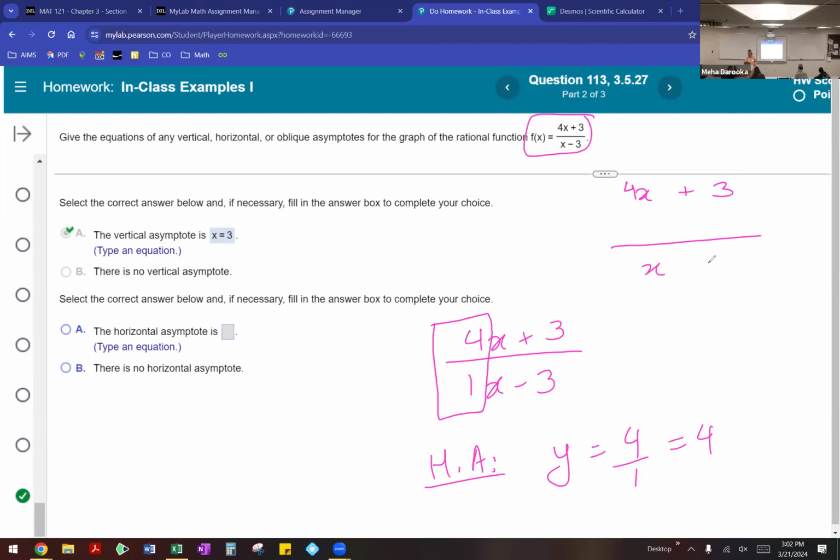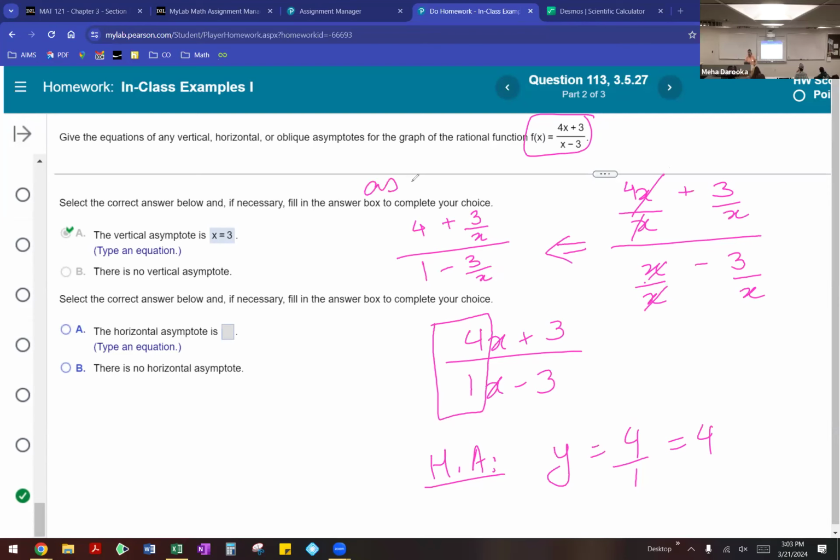we would take each one of our terms and divide it by the highest degree of x, which in this case happens to be x to the first power. So we would divide each one of these by x. So these guys would cancel out, leaving us with 4 on the top. And then, of course, we would have positive 3 over x. On the denominator, the x and x would cancel out, leaving us with 1. And then you would have minus 3 over x.